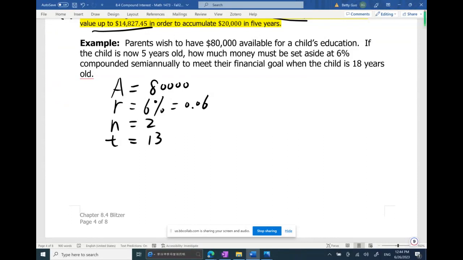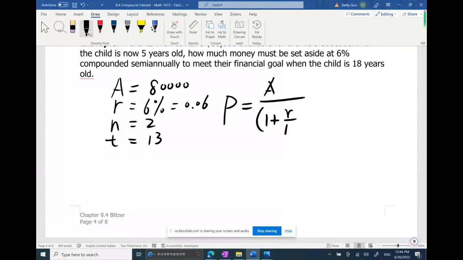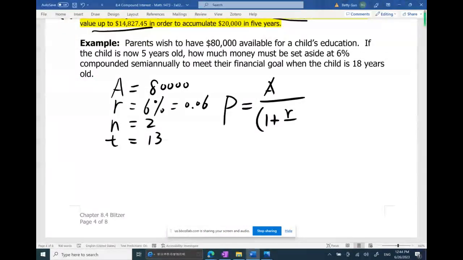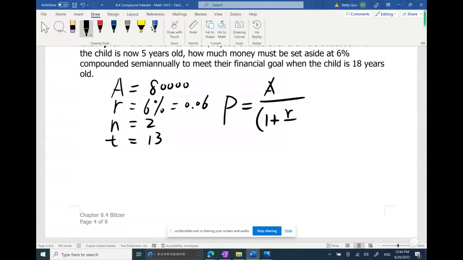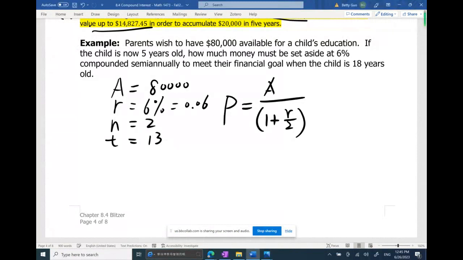And we are going to look for P, right? So the formula is this: 1 plus r over 2, semi-annually, n equals 2, twice a year, so not 12, to the power of 26, twice a year for 13 years, so the total number of times interest is compounded is 26.